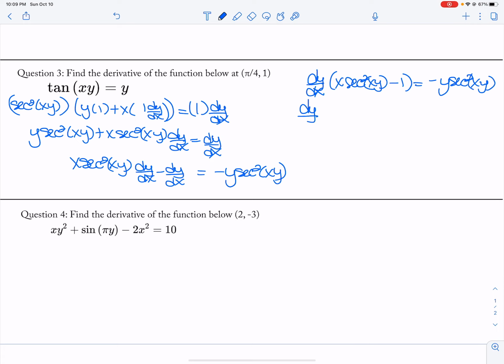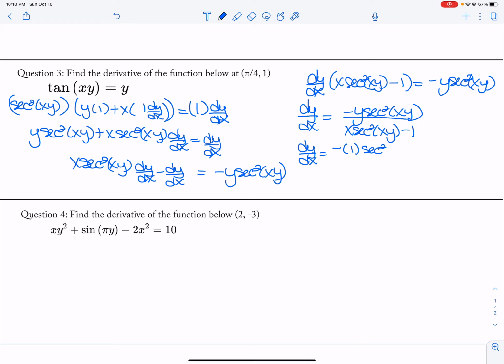So then dy/dx is equal to negative y secant squared of xy over (x secant squared xy minus 1). So dy/dx is equal to negative 1 secant squared of pi over 4, divided by pi over 4 times secant squared of pi over 4, and then minus 1.